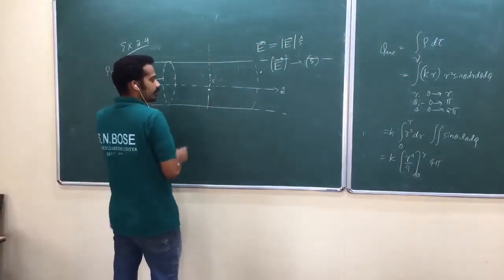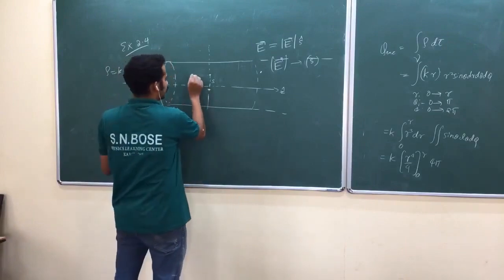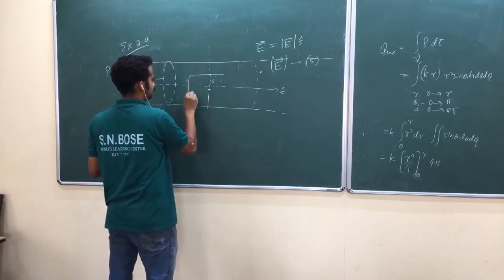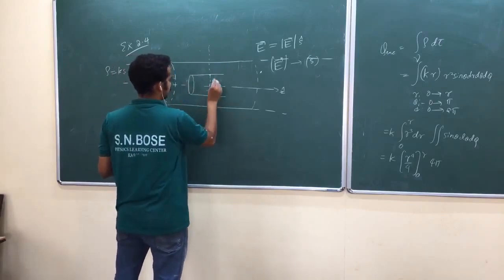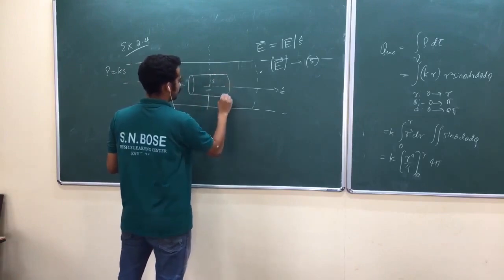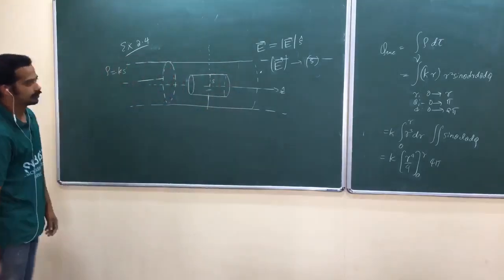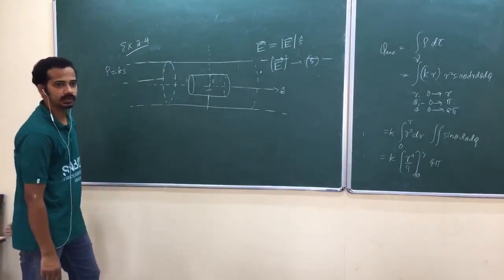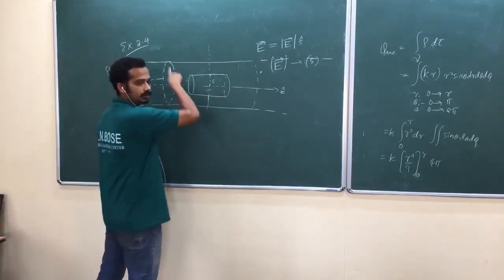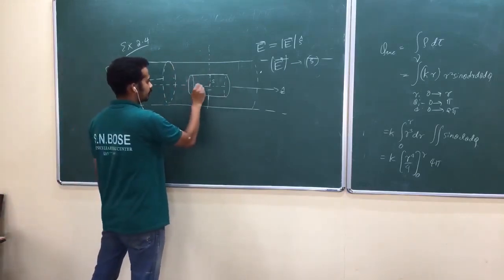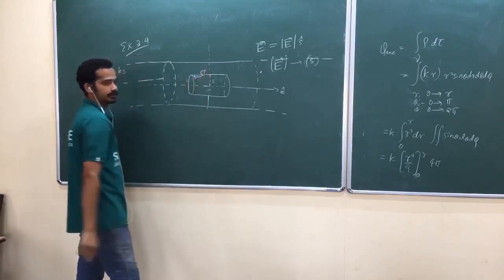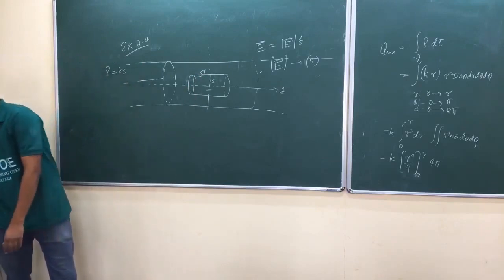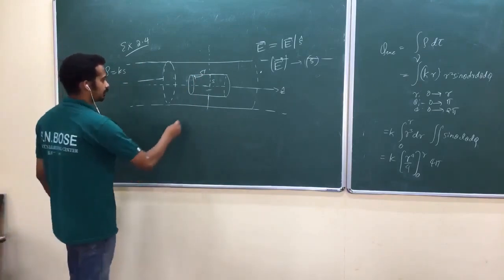It is a kind of cylindrical surface which passes through our point of interest, with the axis of the cylindrical surface the same as the axis of our charge distribution. Now look at here. This is my Gaussian surface. It should be a closed surface, remember. Now I have to apply Gauss law to this surface.